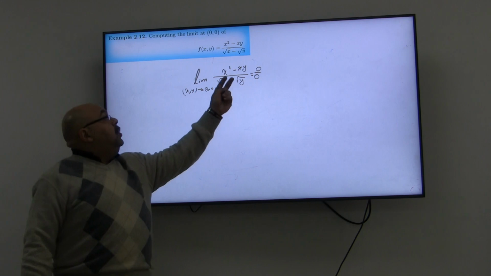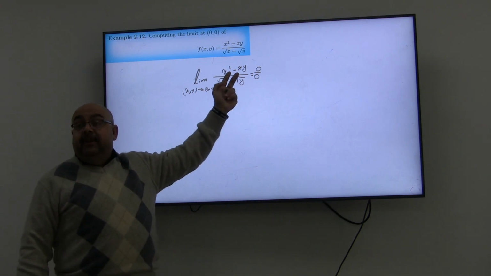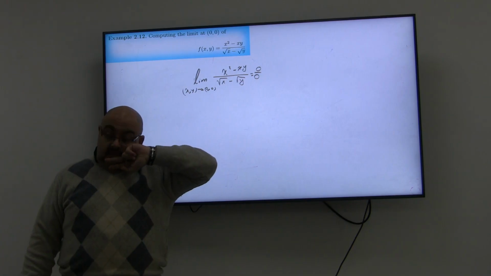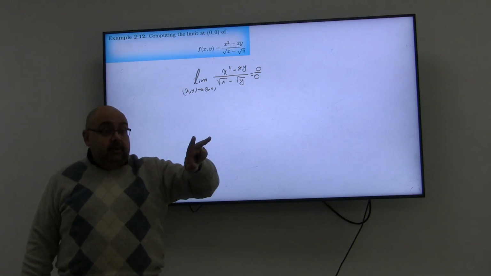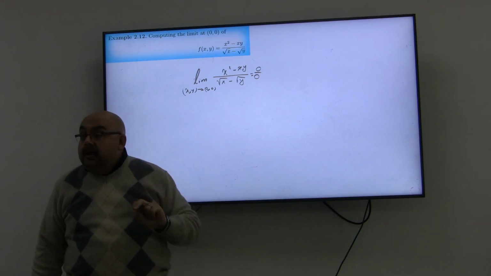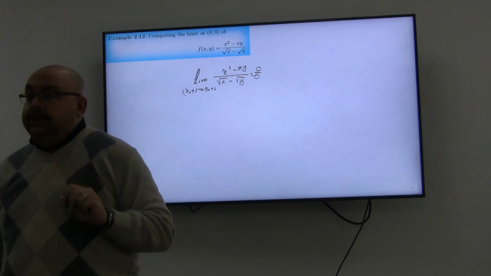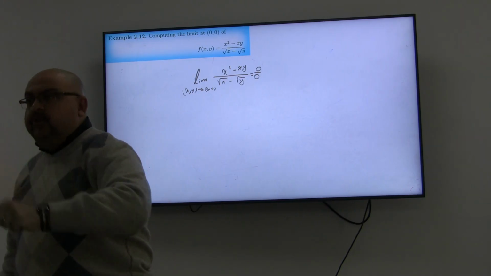He tried to factorize, to take a common factor and factorize the denominator. Also, it's okay, understood? I can also multiply both the numerator and the denominator by the conjugate. This is also another tool you can use.